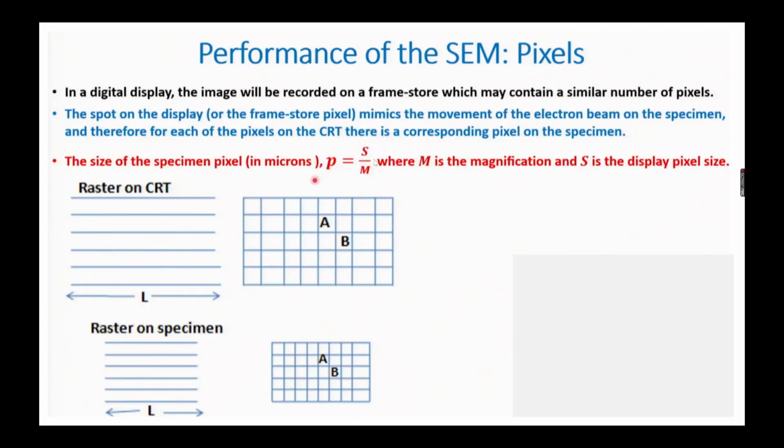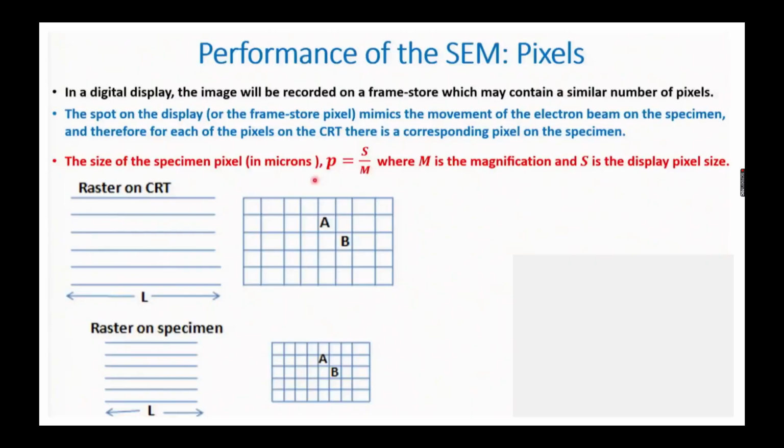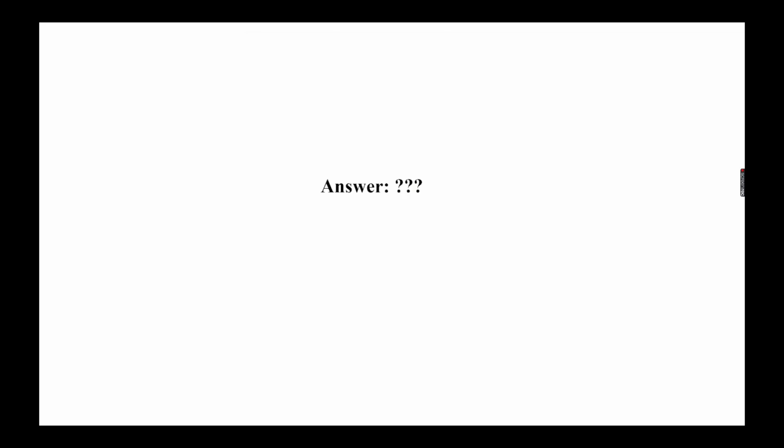So when you put the value, S is given 100, M is given 500. So just divide and you can get the answer. So you just see what could be the answer. Okay, it is 1 by 5. Right? So yeah, quite simple.